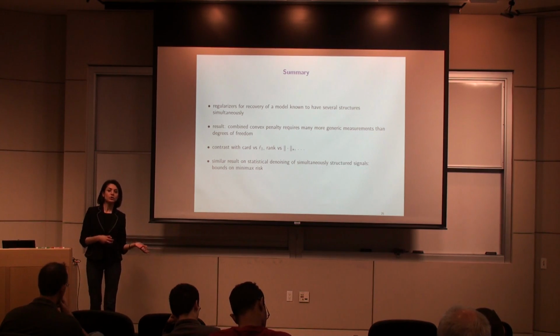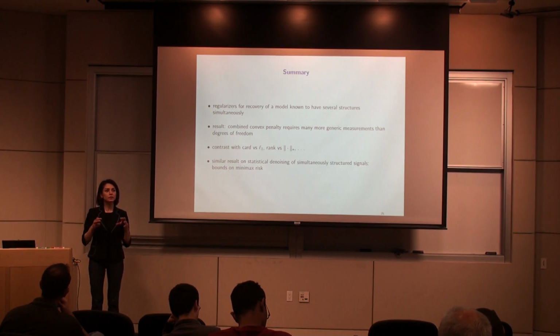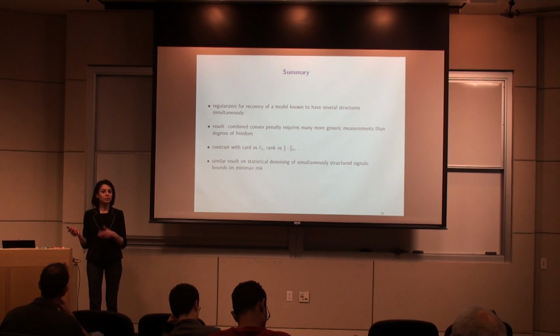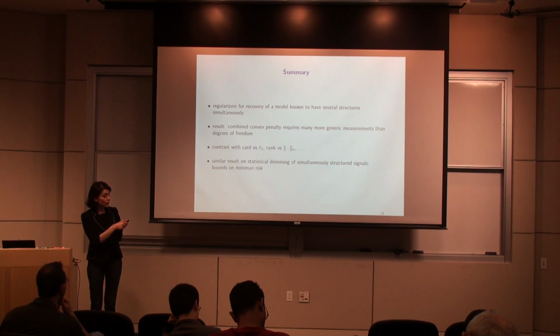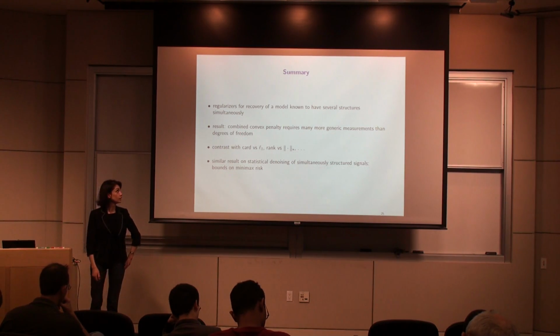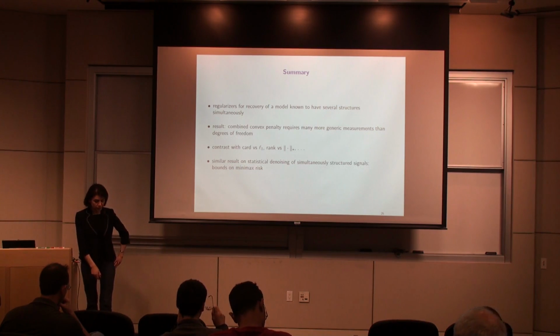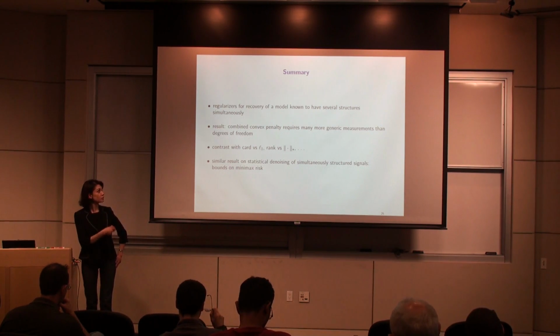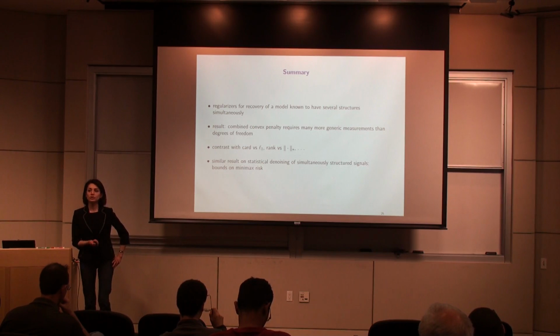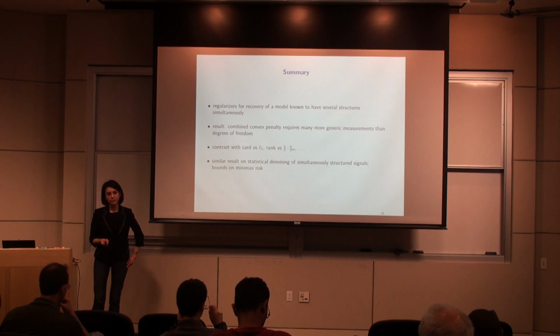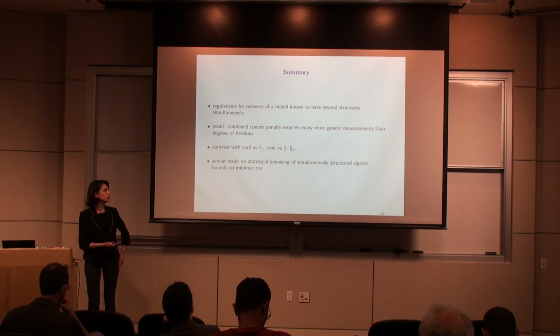Or in machine learning terms, learning a model given several priors, with regularizers encouraging these priors. We have a general framework to analyze this kind of problem, and our result mainly says that a combination of convex penalties requires many more generic measurements than the individual norms would indicate.